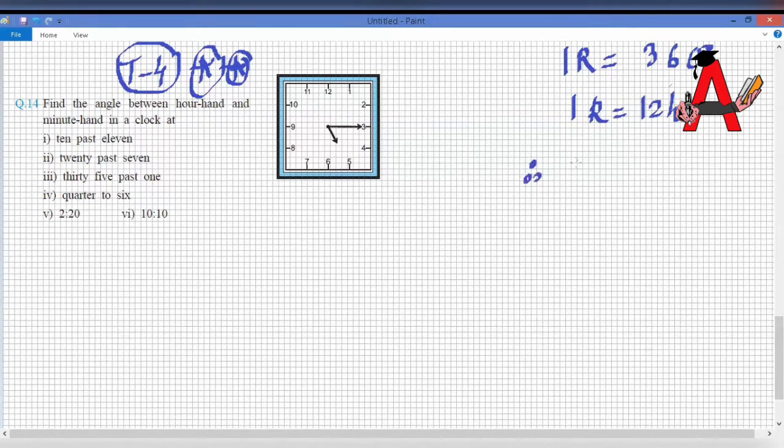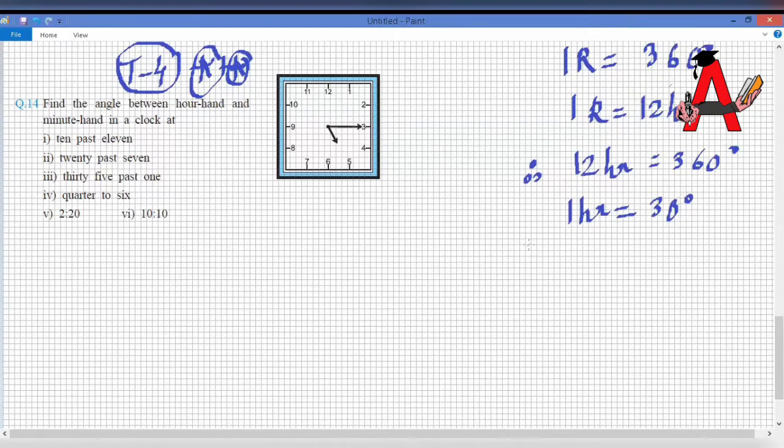Therefore, I can say 12 hours is equal to 360 degrees. In 12 hours, it completes 360 degrees. Therefore, 1 hour, it will complete 30 degrees. So remember for the hour clock, whenever it completes 1 hour, it has moved 30 degrees.